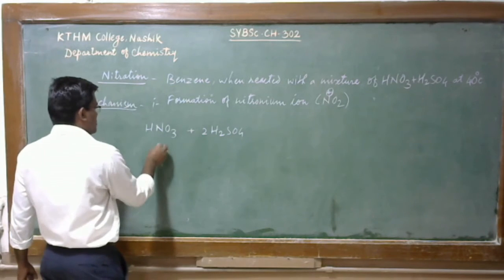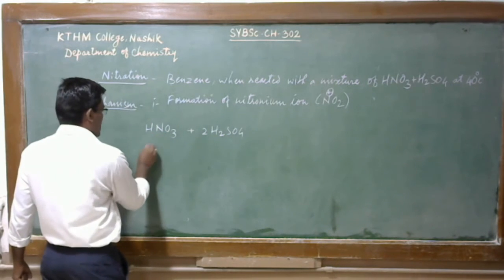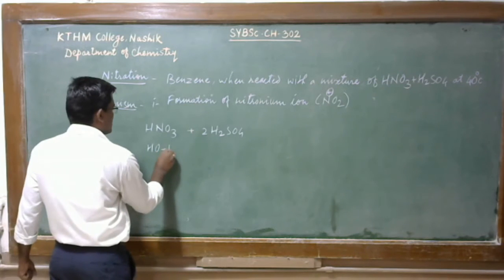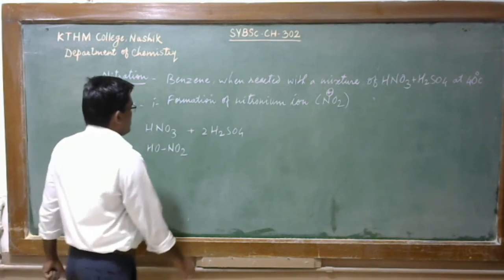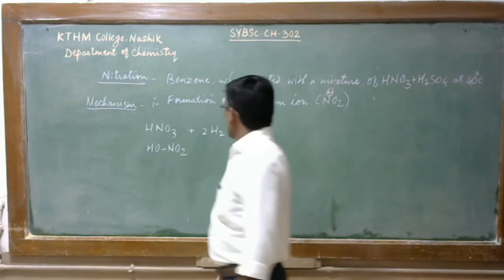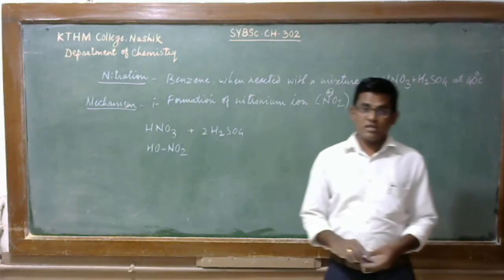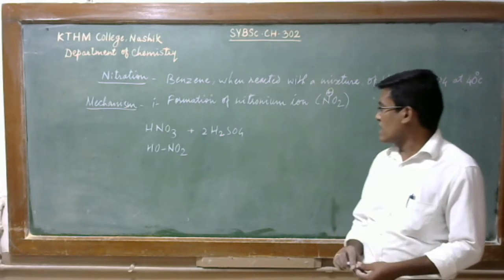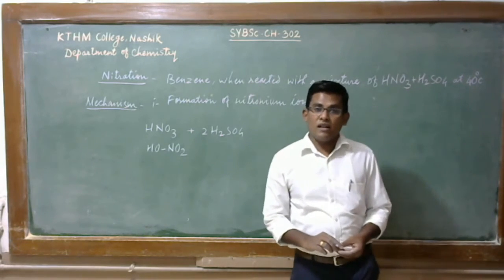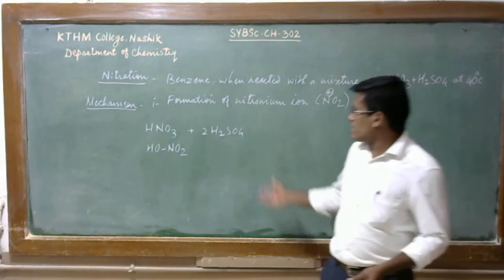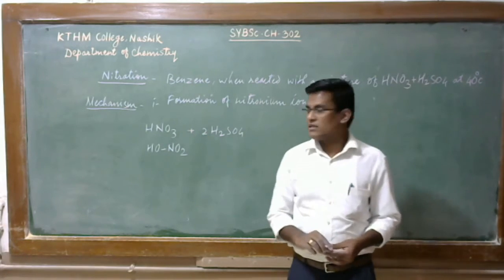So we can write this HNO3 like this. This reaction is nothing but an acid-base reaction. In this reaction, H2SO4 is a strong acid which ionizes this nitric acid.